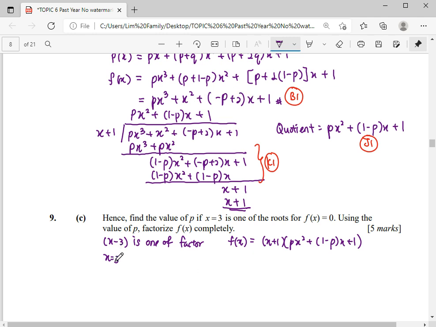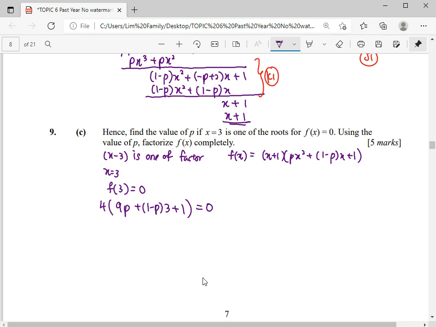So when x equals 3, I substitute back here. 3 plus 1 equals 4. Then 3 squared equals 9, and then times 3 plus 1 equals 0.